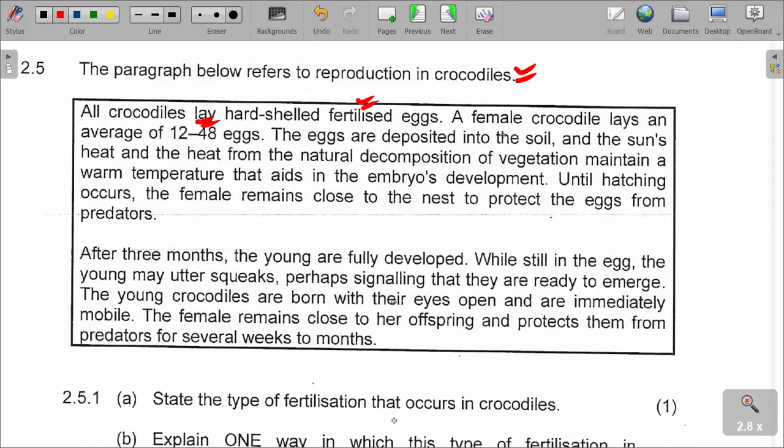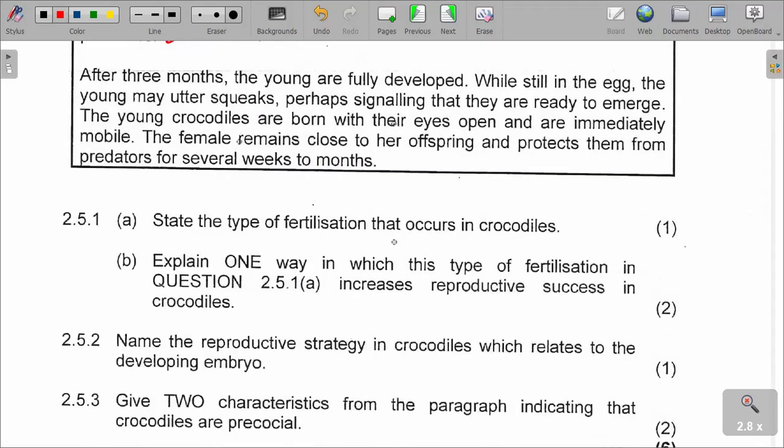The eggs are deposited into the soil, and the sun's heat and the heat from the natural decomposition of vegetation maintain a warm temperature that aids the embryo's development. Until hatching, the female remains close to the nest to protect the eggs from predators. So the egg is laid and it hatches outside the mother's body.